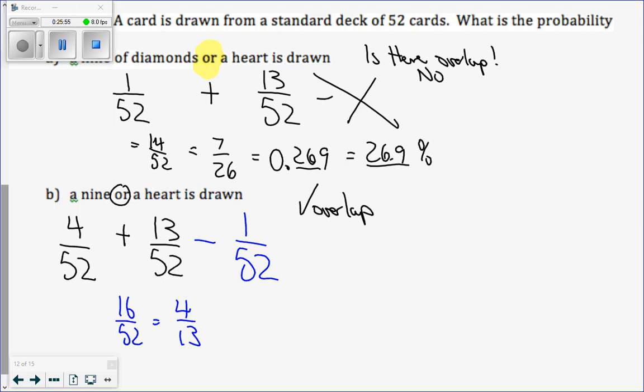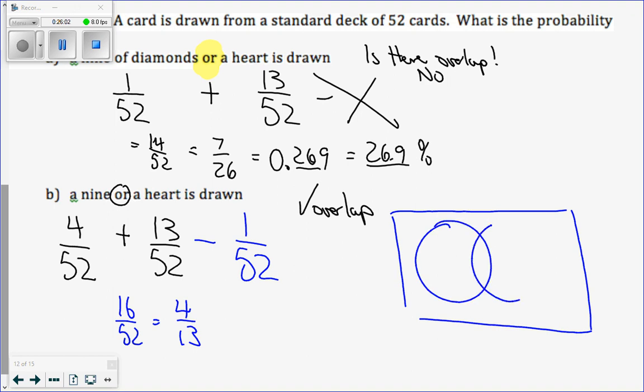Okay. Now, for these not mutually exclusive ones, you can also do them by a Venn diagram. So you have to recognize that they are going to overlap if you're going to do the Venn. So the 9 and the heart. You have one card in here that is a 9 that's also a heart. You've got 4 9s in your deck, so this whole circle has to go 3 plus 1 is 4.